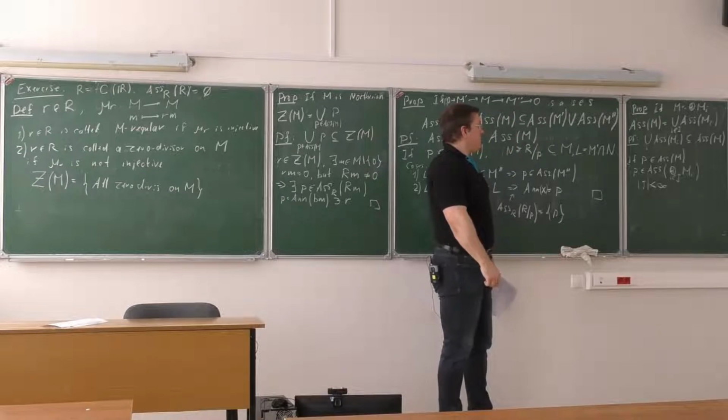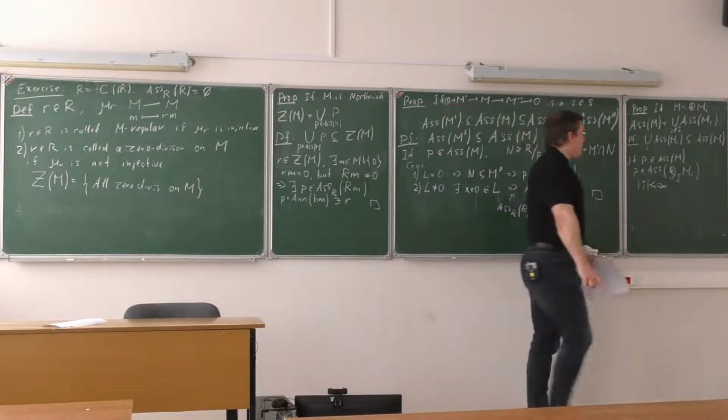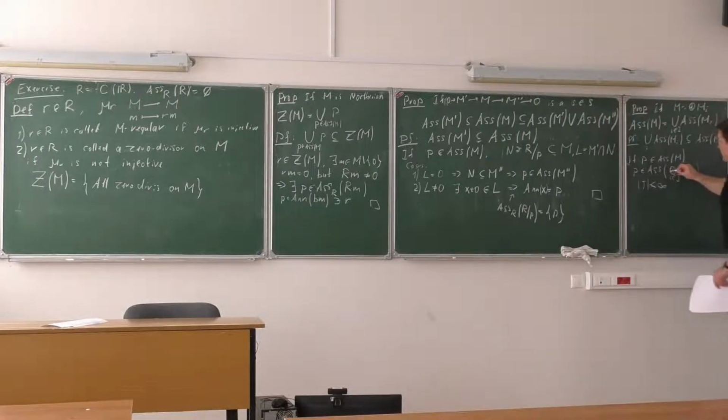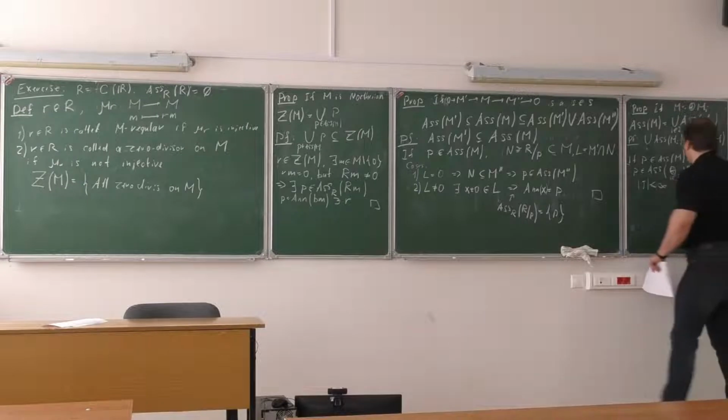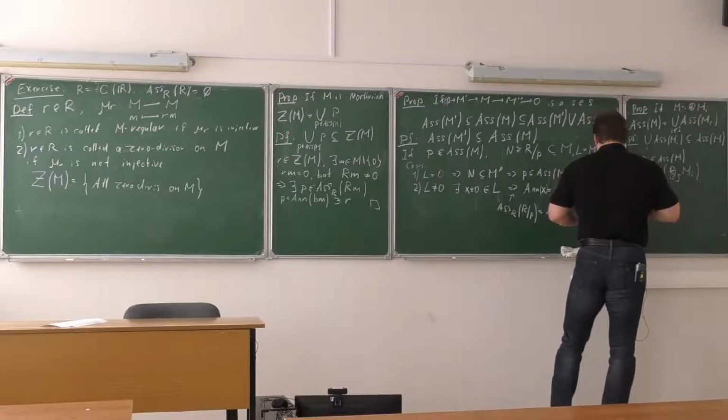Right? So P annihilates some element. This element is a finite sum of components. So I just take all the modules that contain non-zero components in this sum. This is how I construct this finite sum of Mi, where i is running over some finite set J.